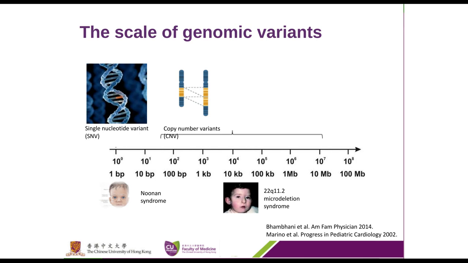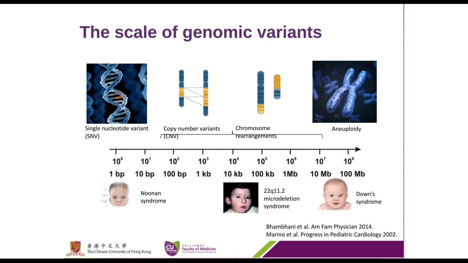One of the most representative ones is 22q11.2, which is DiGeorge syndrome. It could be a 3 megabase or a 1.5 megabase deletion, not including other complex chromosomal rearrangements that we can appreciate by karyotyping, or detect by array if there's a cryptic deletion or duplication.